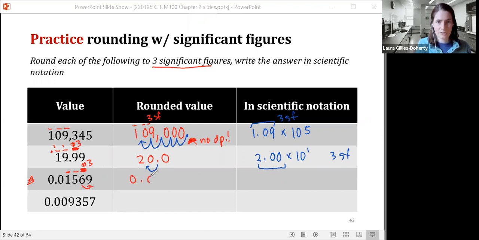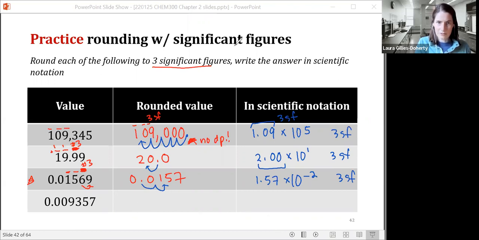So we get 0.0157. And then if we want to write that in scientific notation, we grab the decimal point and move it over. We get 1.57 times 10 to the -2, because we had to move it 2 spots to the right. And we can clearly see that has 3 sig figs.